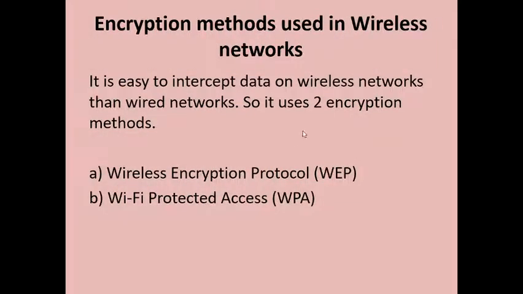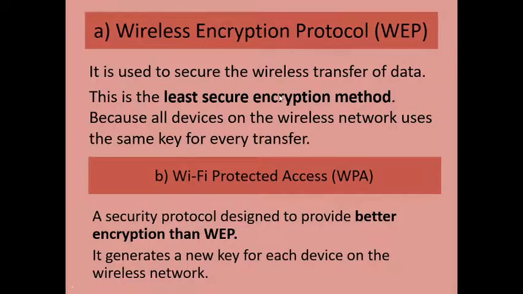Now we will see the different encryption methods used in wireless networks. There are two methods: Wired Equivalent Privacy, WEP, and Wi-Fi Protected Access, WPA. Now the WEP method. Actually this is not suitable because all devices on the network use the same key to transfer data.